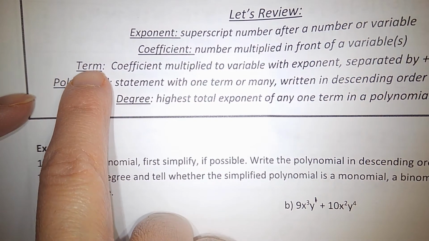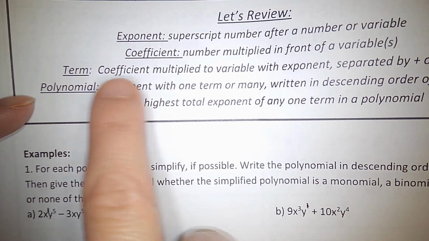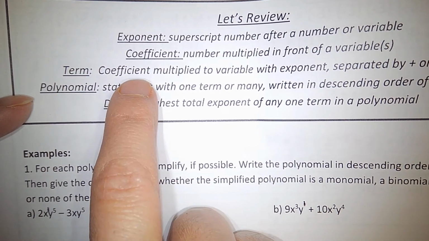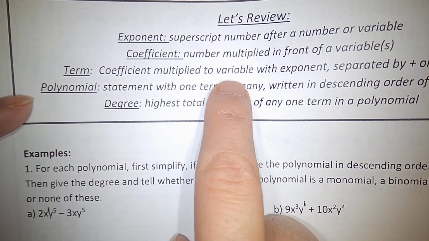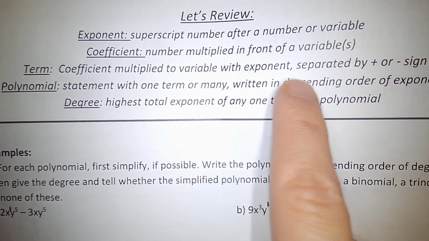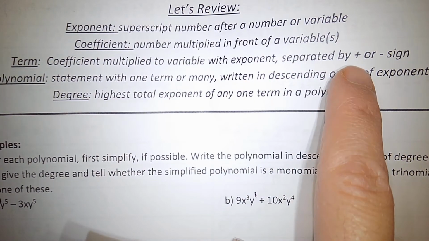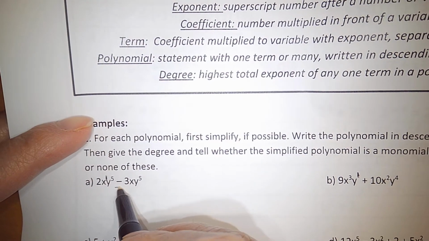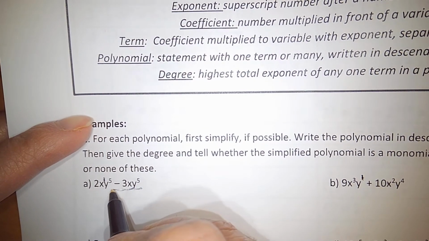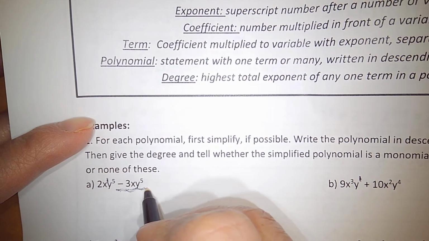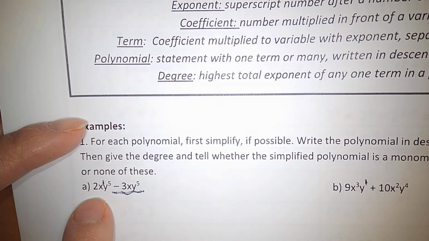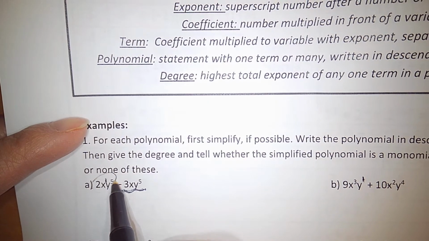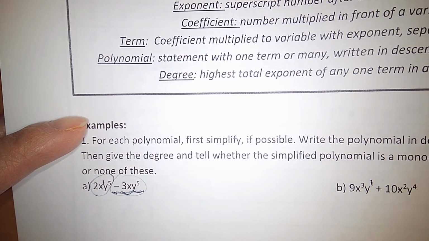All right, term. A term is a coefficient multiplied to variables with exponents, and separated by what? Plus or minus sign. So for this term, if we consider -3 the coefficient, then we're actually adding this term by this term, right?